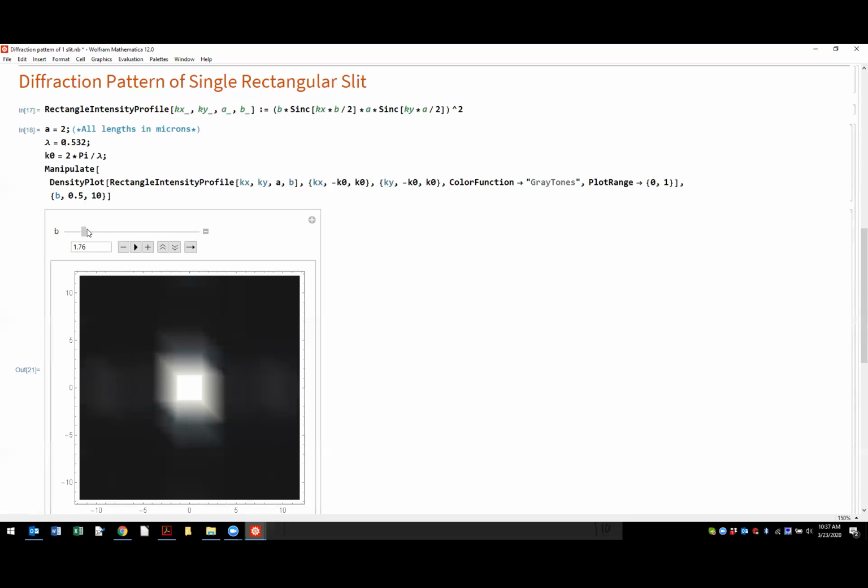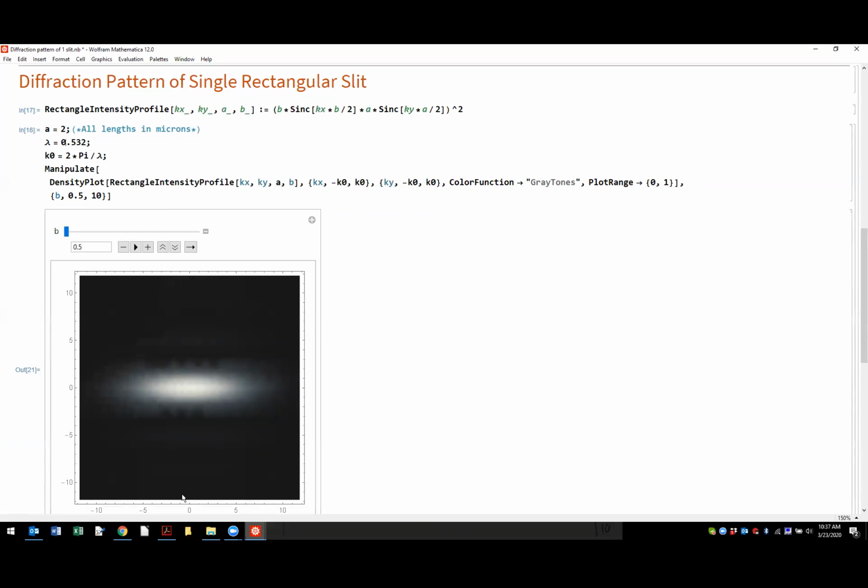Here's another thing you should notice. If I make the horizontal width of the slit really small, so I say that B, the width of the slit along the x direction, is 0.5, and A, the width of the slit along the vertical direction, is 2, that means that I've got something that's oriented vertically.